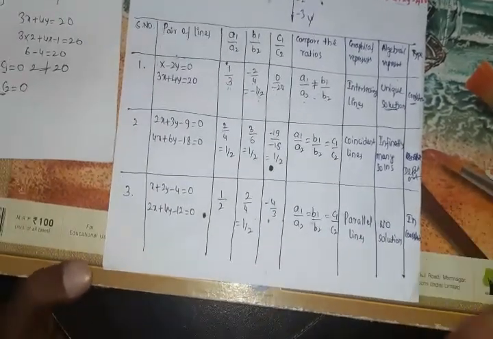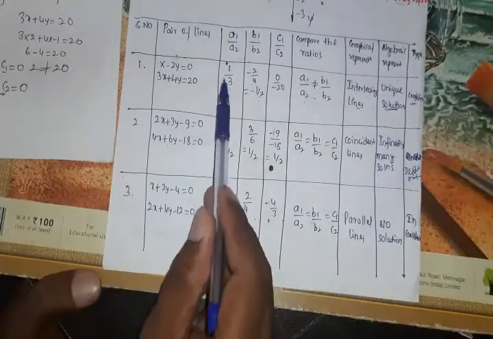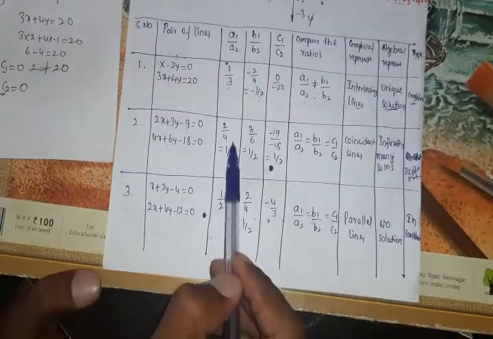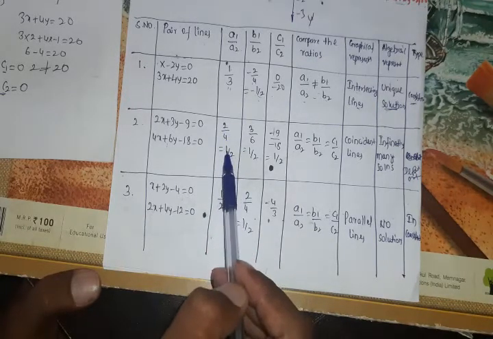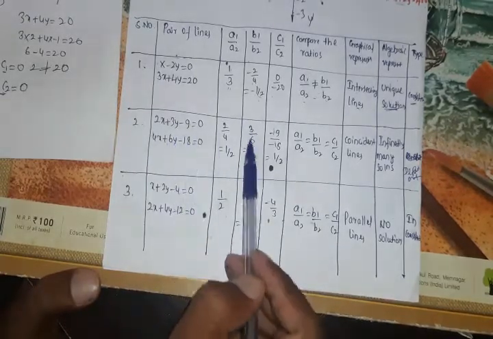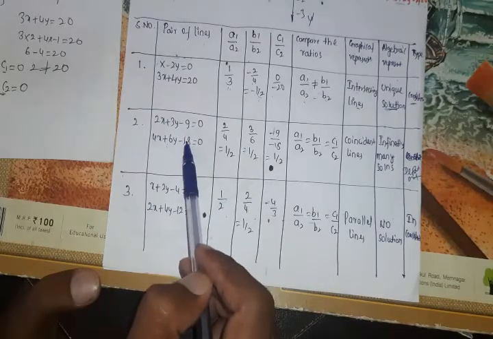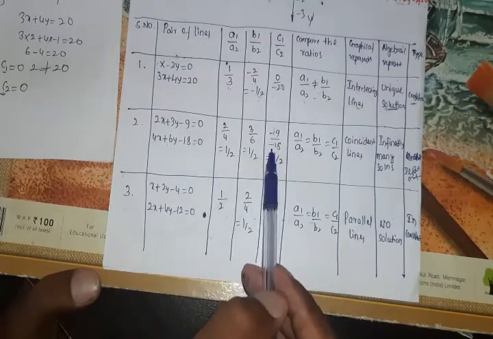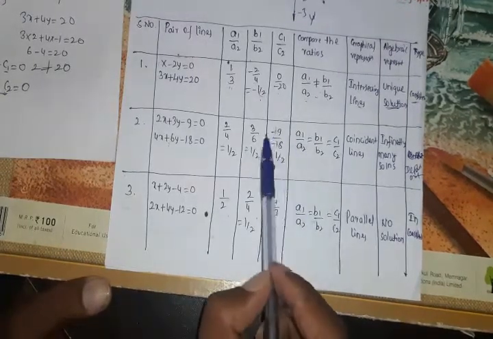Similarly, for the second example, these two equations we have taken and the corresponding a1, a2 values: a1 is 2, a2 is 4, so it will be 1 by 2. b1 is 3, b2 is 6, 3 by 6, it is 1 by 2. And the constant c1 by c2 is minus 9 by minus 18, so again it is 1 by 2.